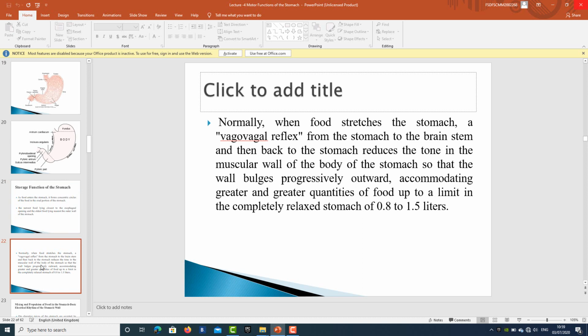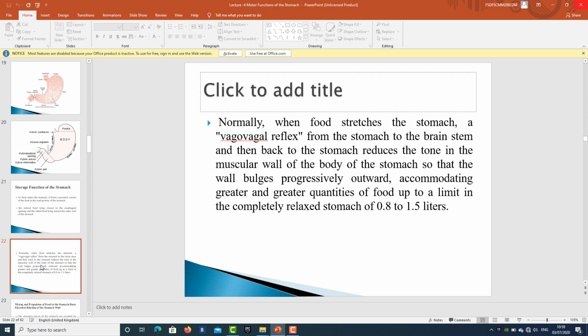Normally, when the food stretches the stomach, a vasovagal reflex from the stomach to the brainstem and then back to the stomach reduces the tone in the muscular wall of the body of the stomach, so that the wall bulges progressively outward, accommodating greater and greater quantities of food up to a limit in the completely relaxed stomach of 0.8 to 1.5 liters.